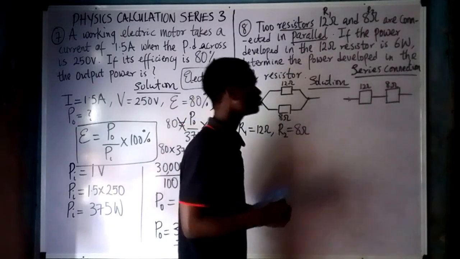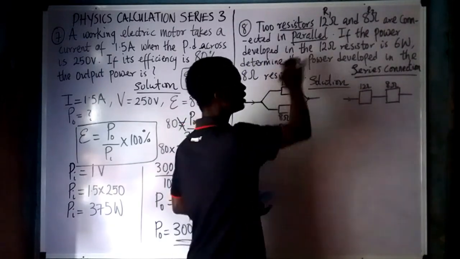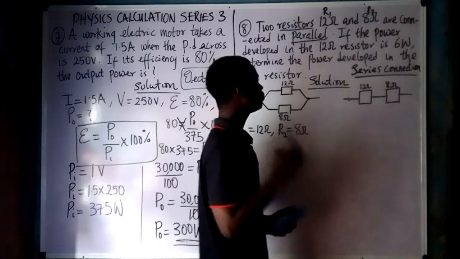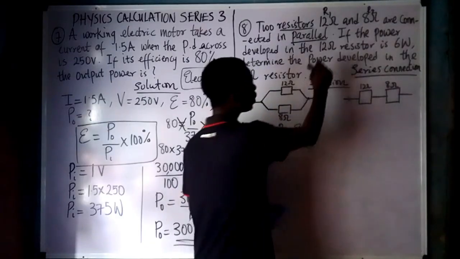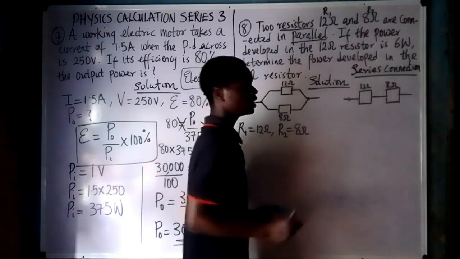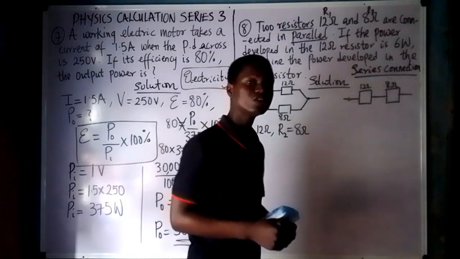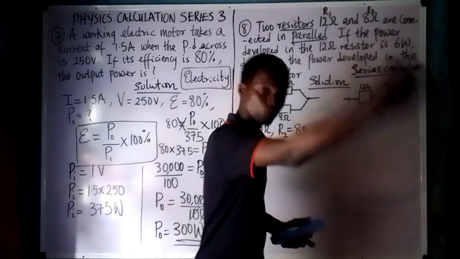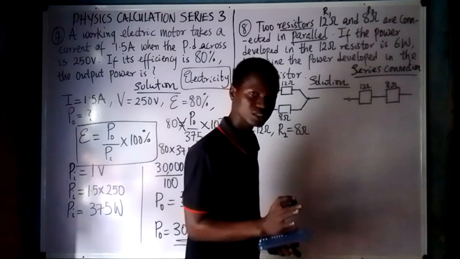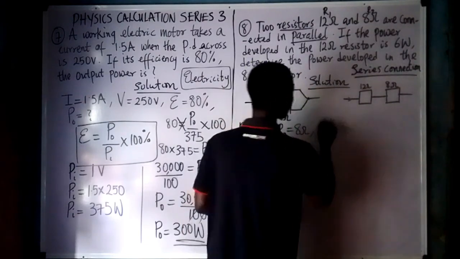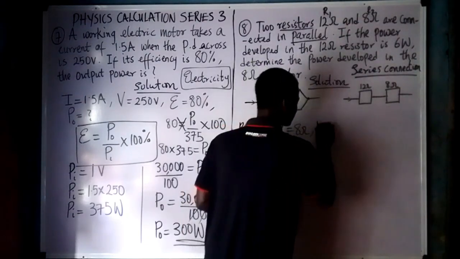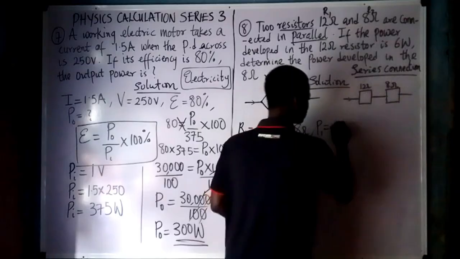We are doing fine. They now said the resistors are connected in parallel, and if the power developed in the 12 ohm, the one above, is given. Because this is R1, the power of it will now be what? P1. I hope that is clear. So we'll now say if the power developed in the 12 ohm, that is P1, is 6 watts.